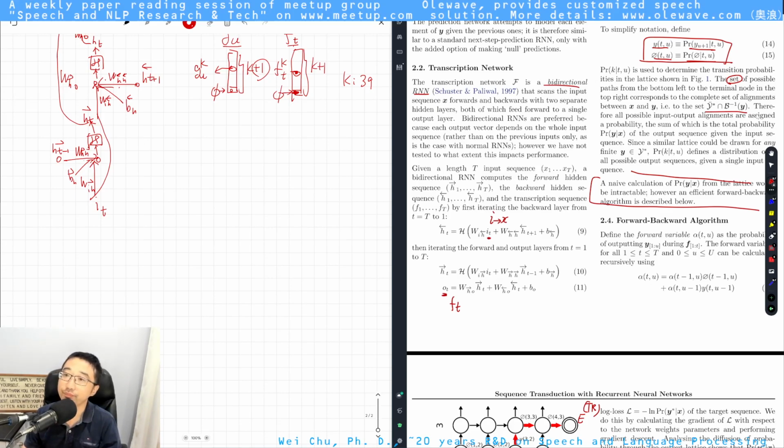Well, this has many. This has all the permutations of the y. Okay, but these are the likely y star. Likely ones. So therefore, every alignment would have a probability, and all of these probabilities would be used to sum to obtain this. This is the key. This is the key.